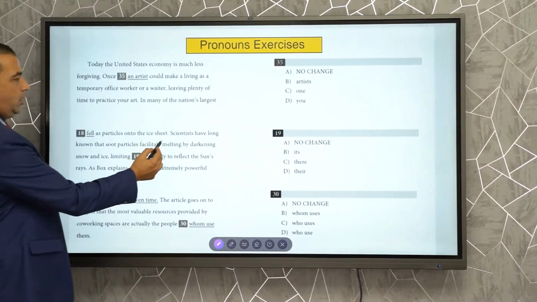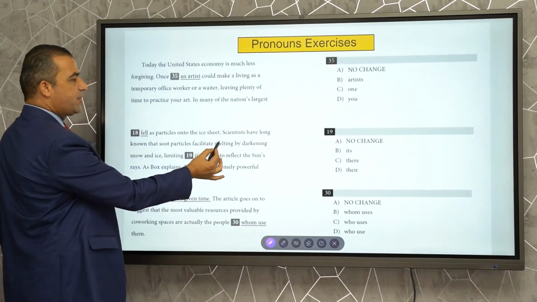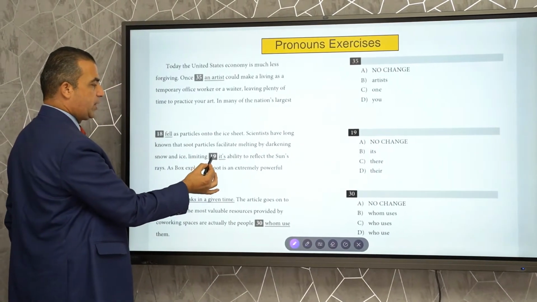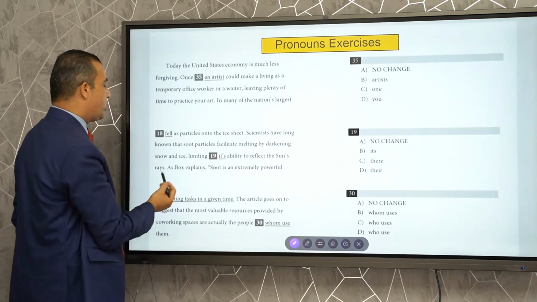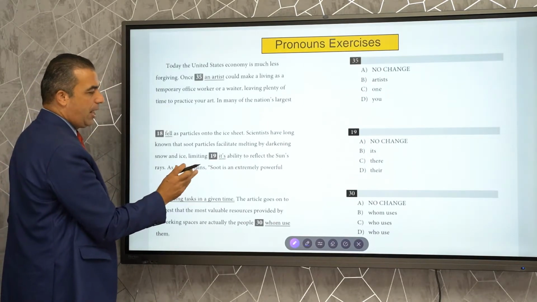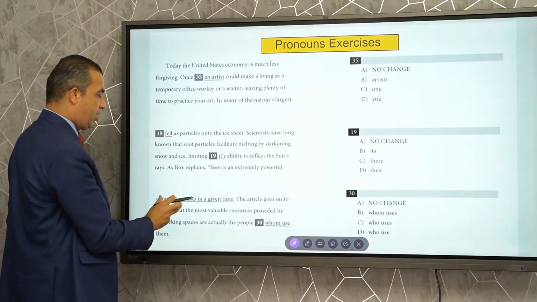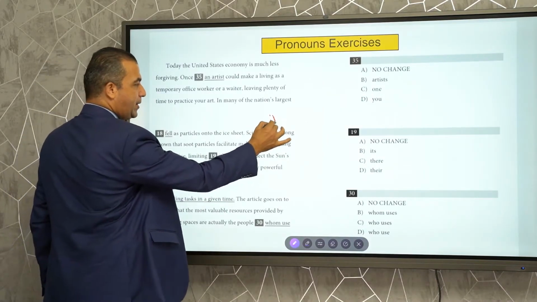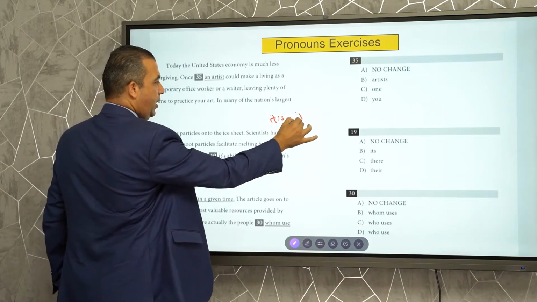Here, in this example: scientists have long known that soot particles facilitate melting by darkening snow and ice, limiting its ability to reflect the sun's rays. First of all, you know that it's means it is.